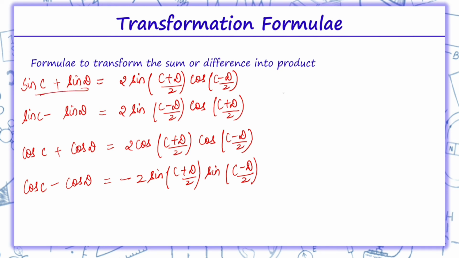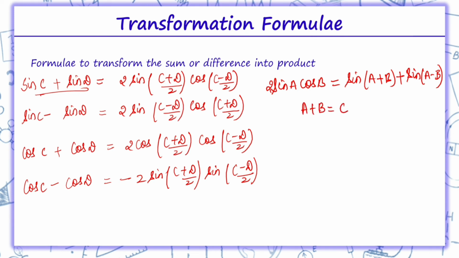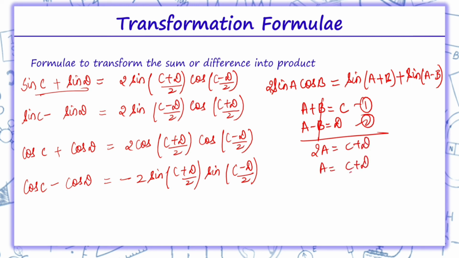We know the formula we just discussed, that 2 sin A cos B is written as sin of A plus B plus sin of A minus B. Now in that formula, A plus B will be substituted by C and A minus B will be substituted by D. When we add these two equations, we get 2A equals C plus D. Thus the value of A is C plus D by 2 and the value of B is C minus D by 2.